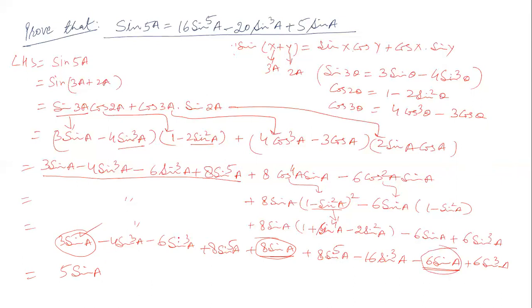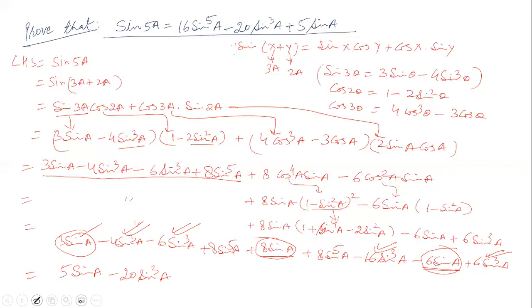Now cube terms: minus 4 sin cube a minus 6 sin cube a, that is minus 10 sin cube a, and minus 16 and plus 6, that is minus 20 sin cube a.